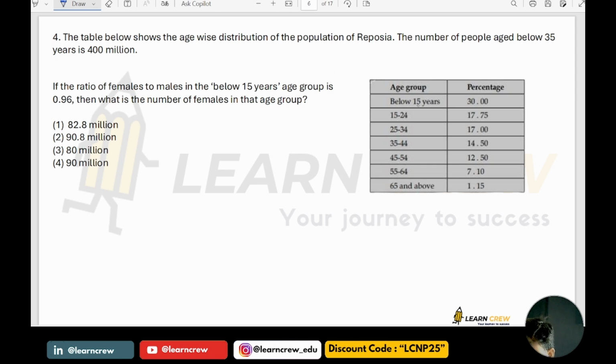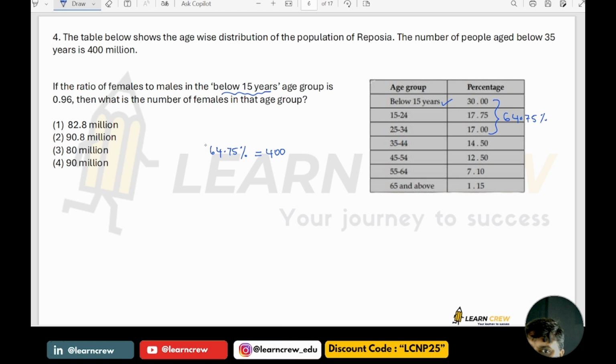Below 35 years means 30 plus 17.75 plus 17, which is 64.75. The 64.75 percentage is given as 400 million.